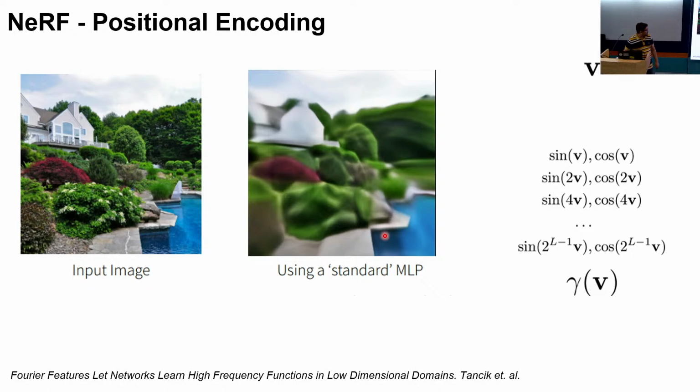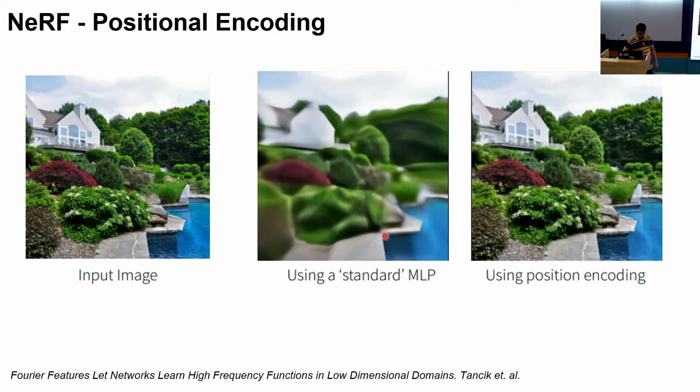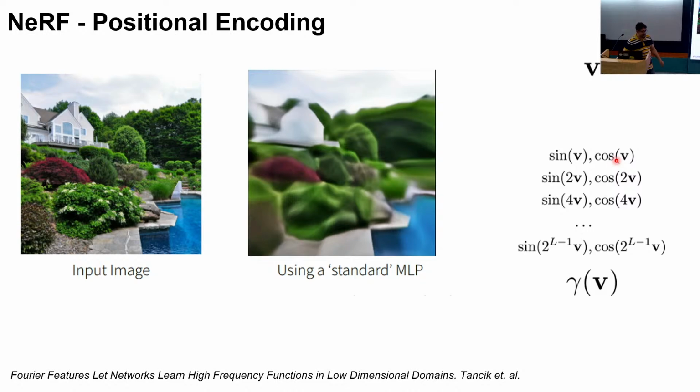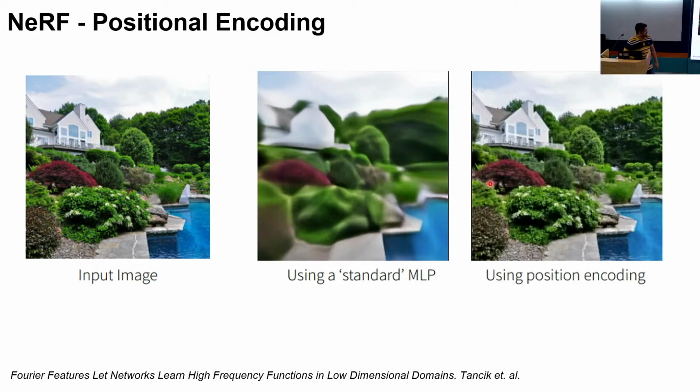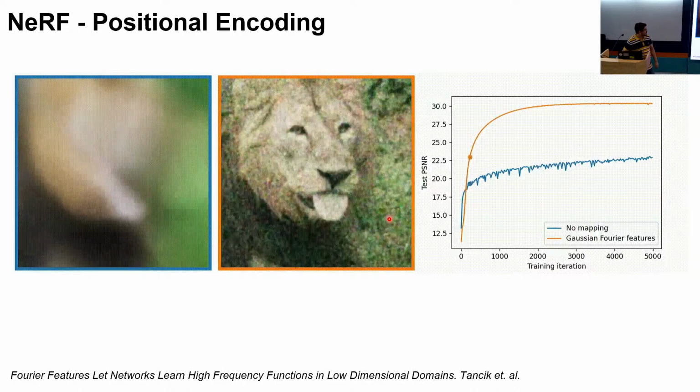So then they tried a different thing. They did a positional encoding of the pixel locations. It's a normal sinusoidal encoding, and when they did that, the high frequency details which were missing earlier started coming, right?